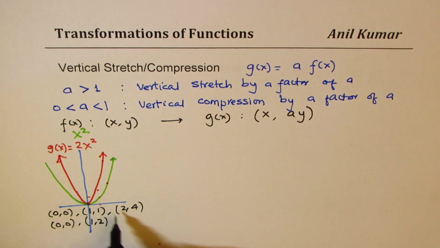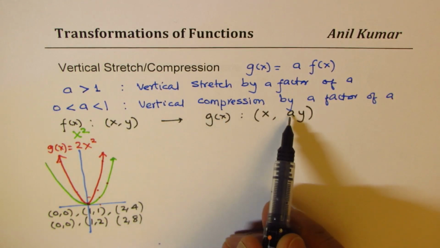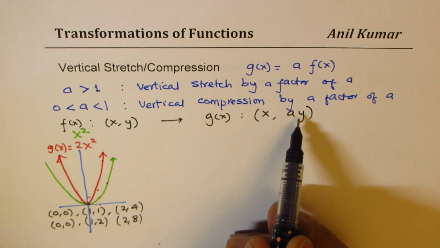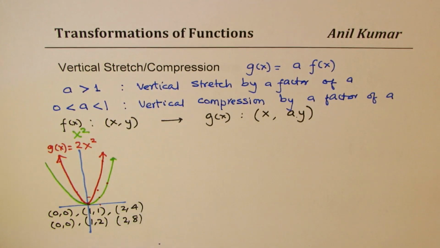The y value doubles, right? So 2, 4 will become 2, 8. Do you get the point? That's what we mean when we say a value multiplies into y, or by a factor of 2. Of course, the negative values will also go in the same fashion. So I hope that part is absolutely clear.